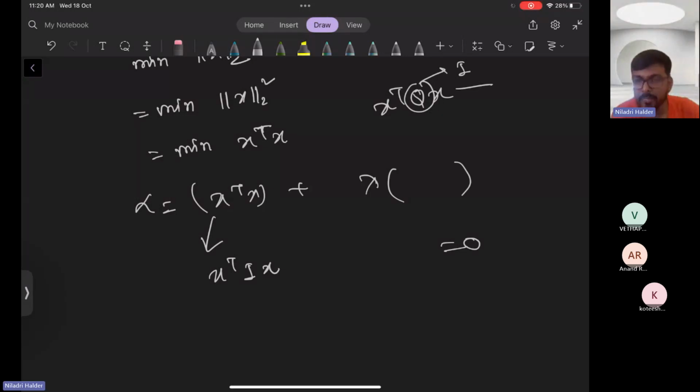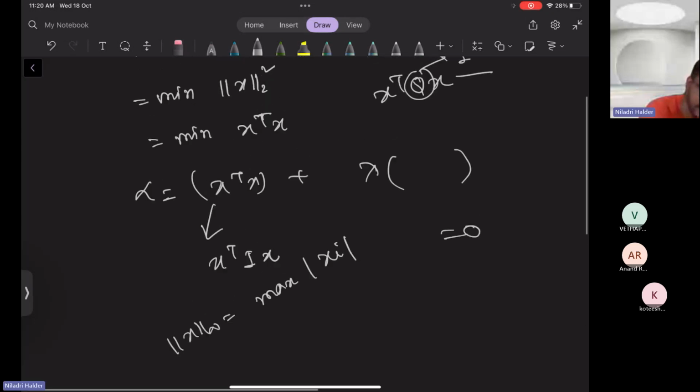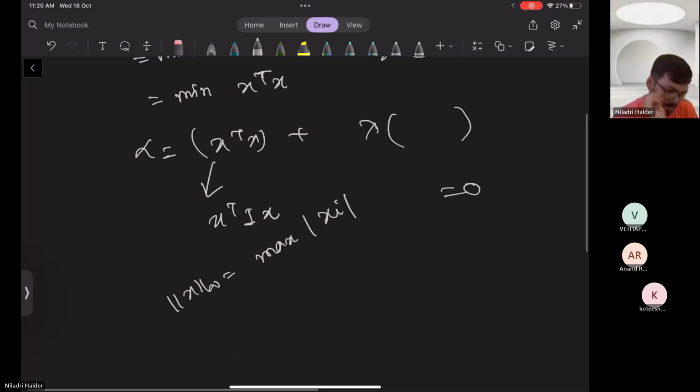And the x infinite norm. The x infinite norm is the max. Okay, how to solve the x infinite norm then? That is a convex function.